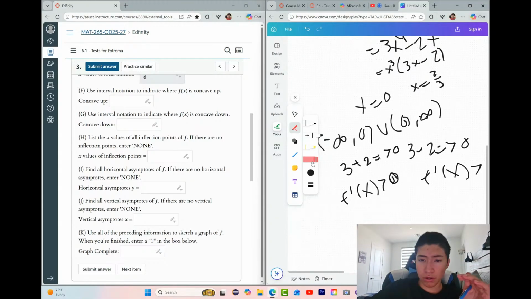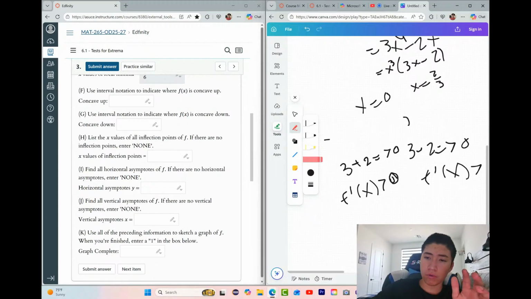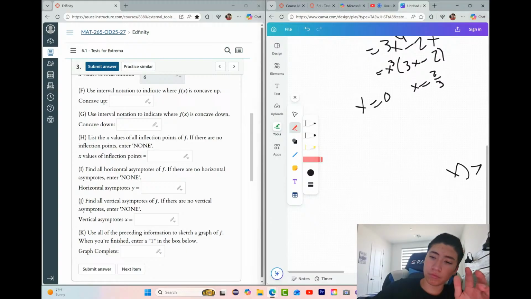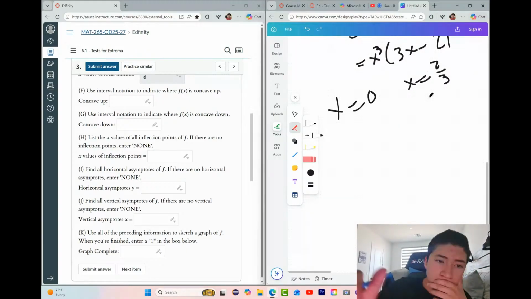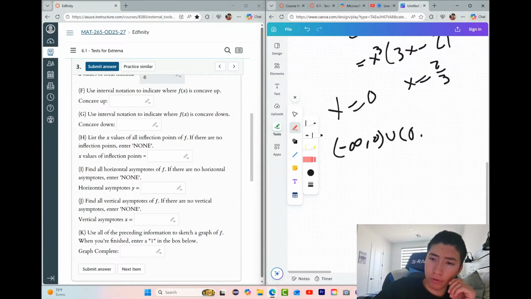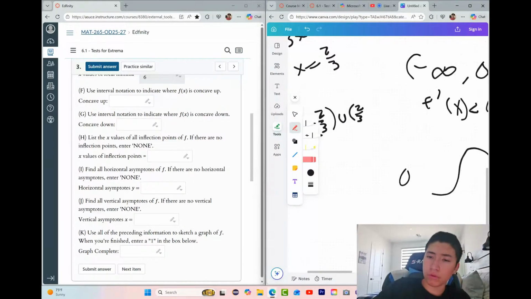Okay, so we can get rid of all of that here. We'll just take everything out. We don't want to spend a lot of storage. Two-thirds. So we have -infinity to 0, 0 to 2/3, 2/3 to infinity.